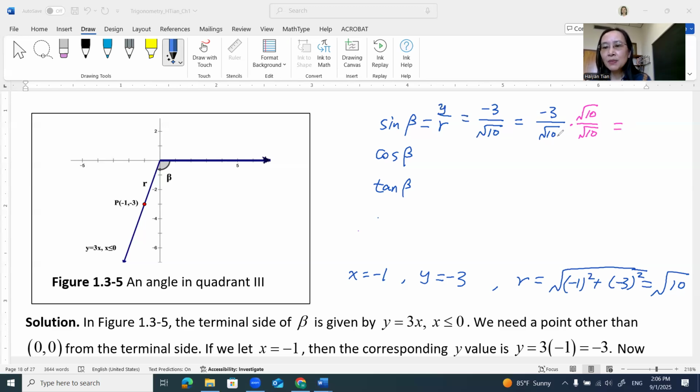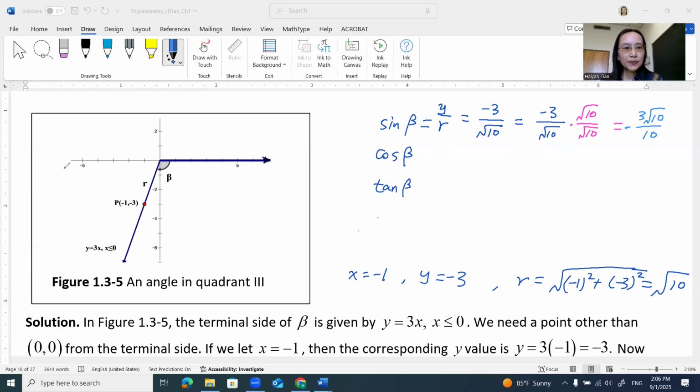Square root of 10 times square root of 10, you will get 10. So the denominator is rationalized. The numerator becomes -3, but of course we can put the negative sign in front: -3 square root of 10 over 10. So that is the sine value.